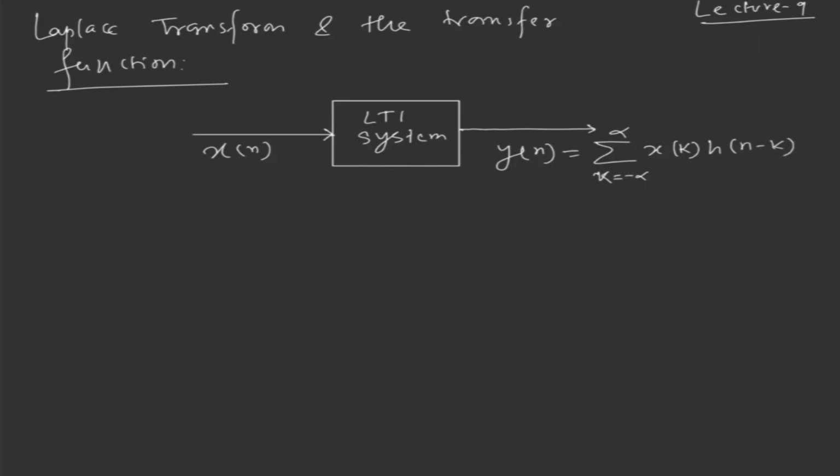We have already seen how we came up with this expression. This is basically the convolution sum. How can we use this concept to find the transfer function?